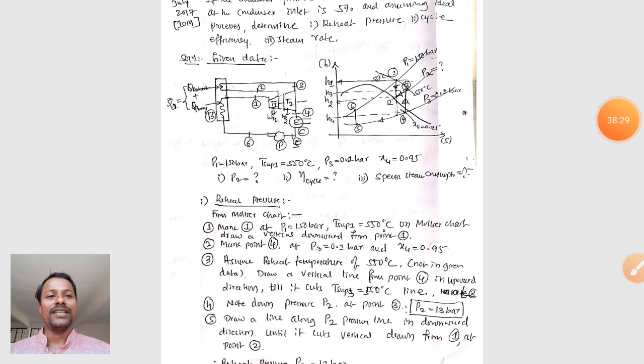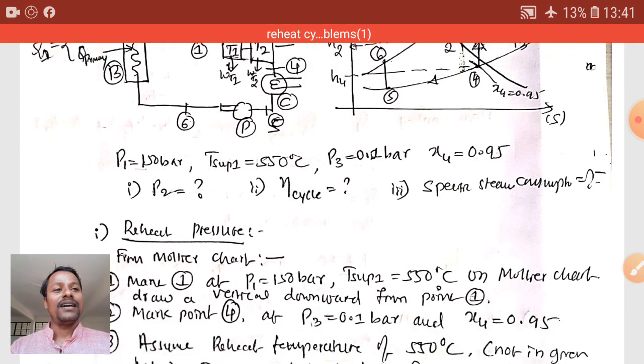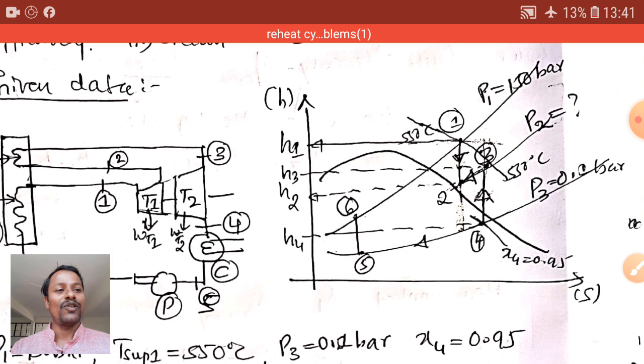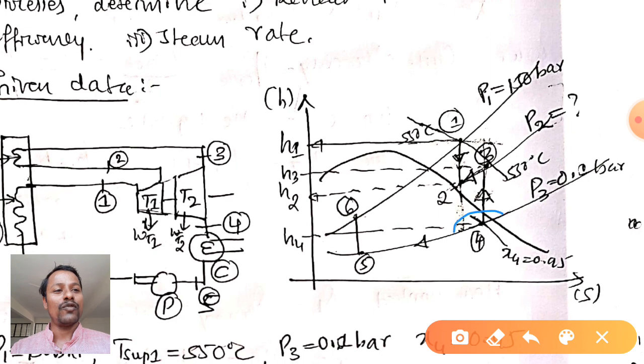The difference between the earlier problem and this problem was, here he had given the dryness fraction, that is x4 0.95 and the condenser pressure. So we got state 4 marked here first, then state 1 we marked here.